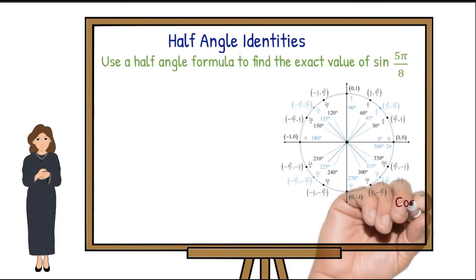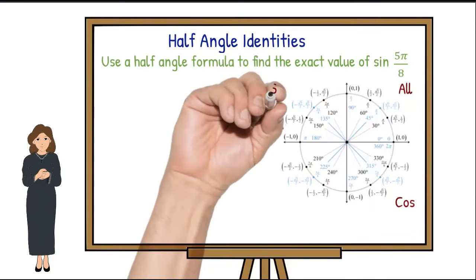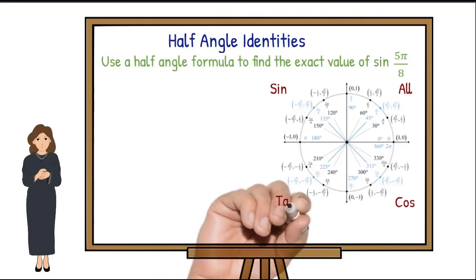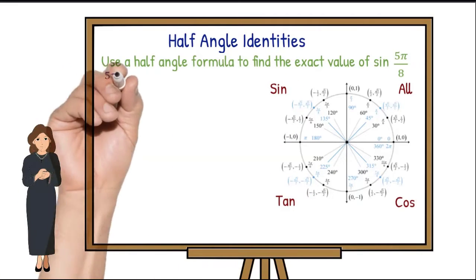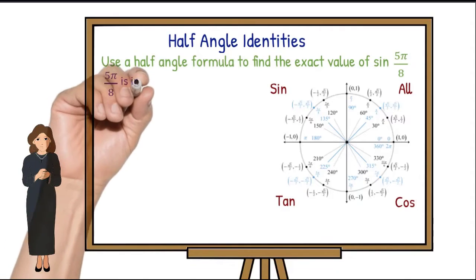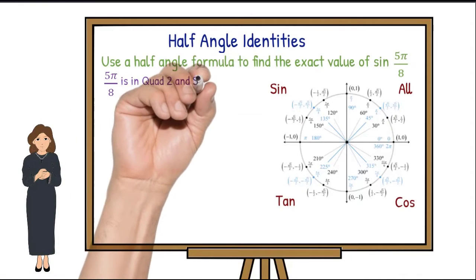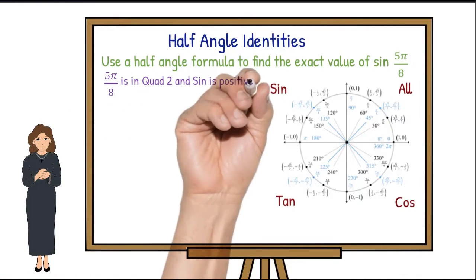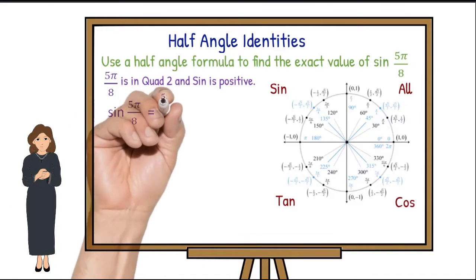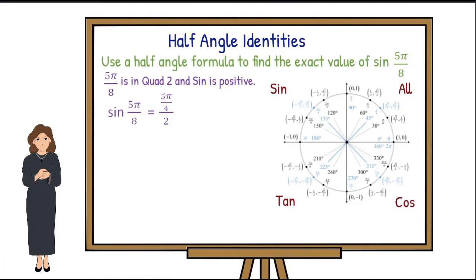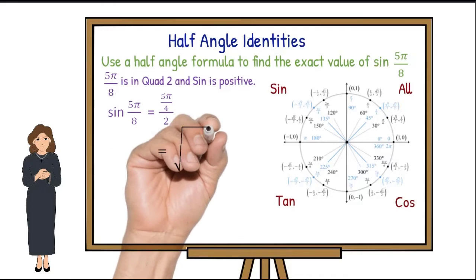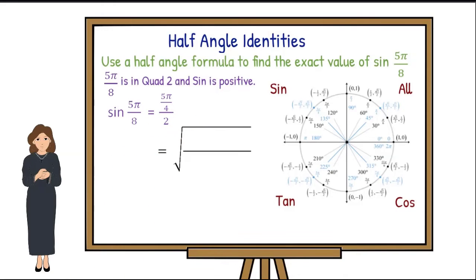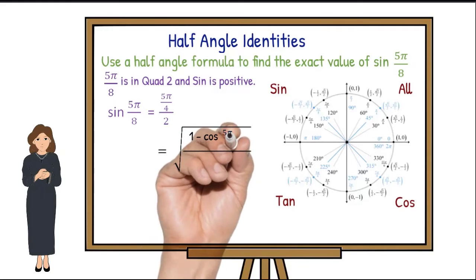So we need to rewrite our 5 pi over 8 as a half angle and look to see which quadrant sine is positive. It's either 1 or 2. So it's going to be in quadrant 2. And we can rewrite this as 5 pi over 4 divided by 2. And we're going to substitute it using the sine half angle formula.